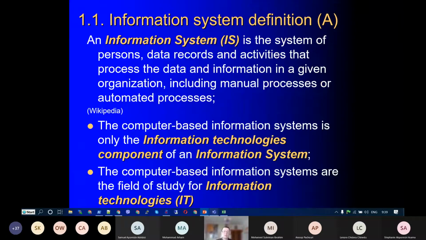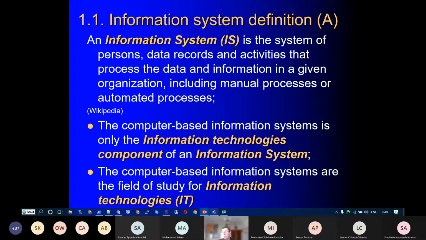In brief, we can define an information system as a system of persons, data, records, and activities that process data and information in a given organization, including manual or automated processes. Definitely, in modern times we speak only about computer-based information systems, but that is only the information technology component of an information system.